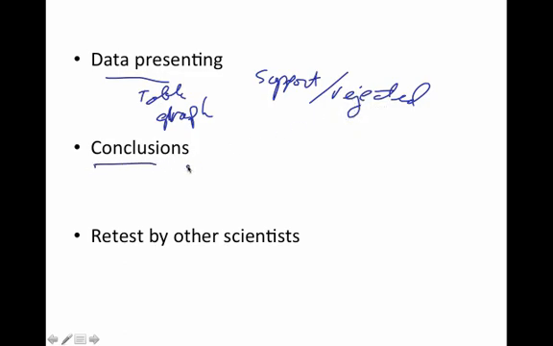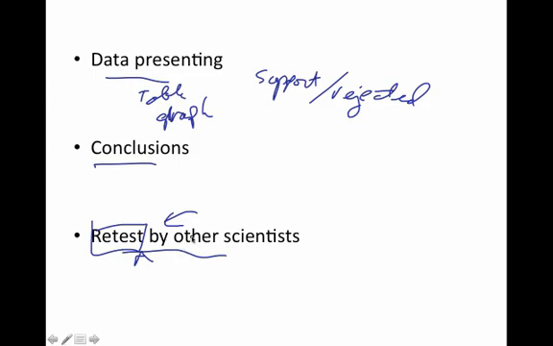The conclusions will often use our data to support any sort of statement made. Lastly, and most importantly, our experiment, the procedures, we'll work on the procedures later on, but this test can be retested and retested and similar results obtained no matter what.